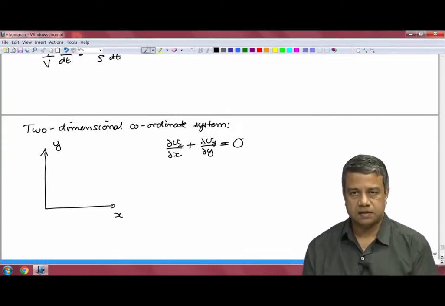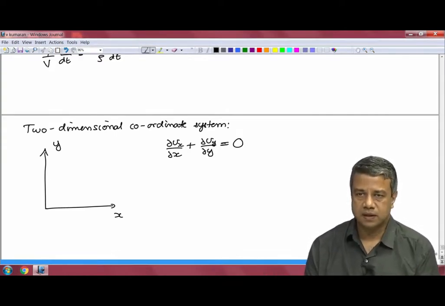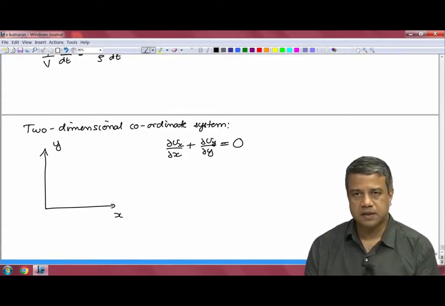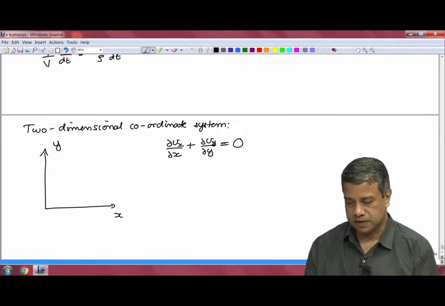This is one relation between the two velocity components x and y, and that means that I can reduce V x and V y both to just one function.